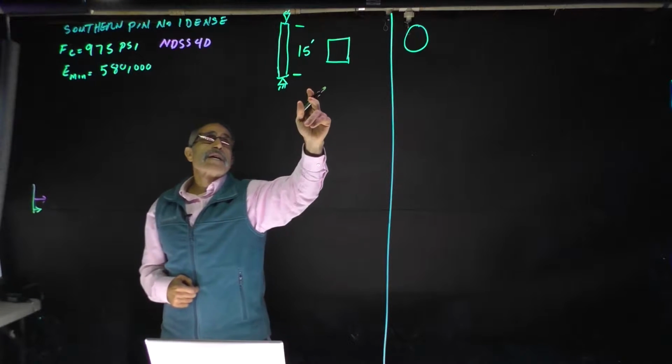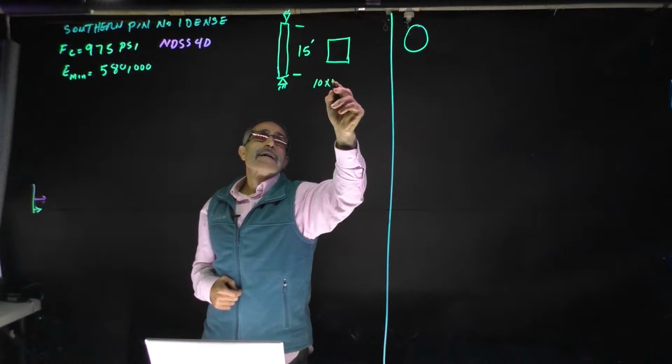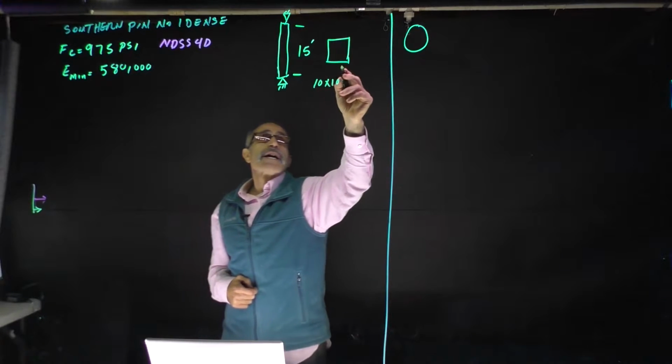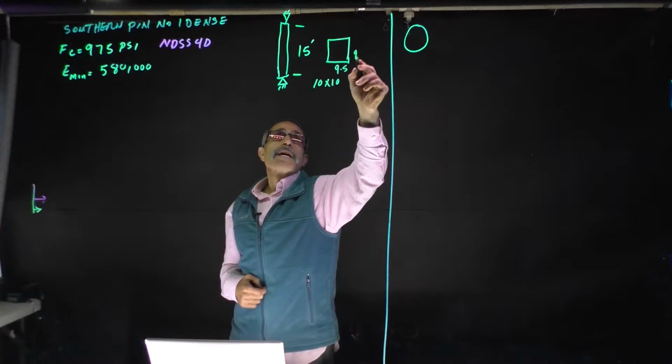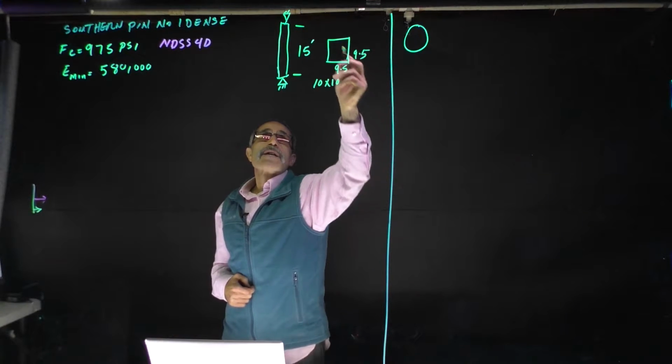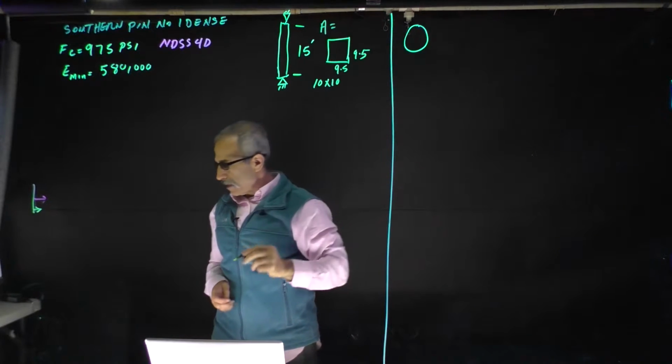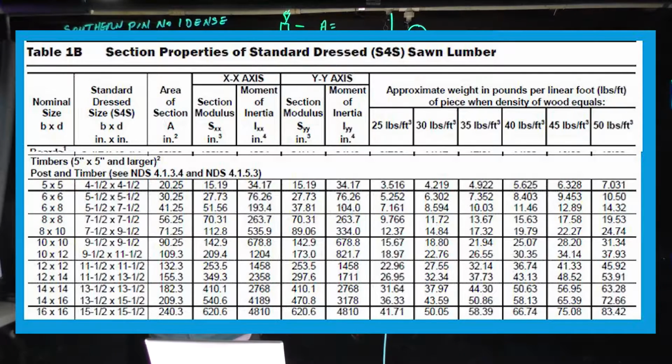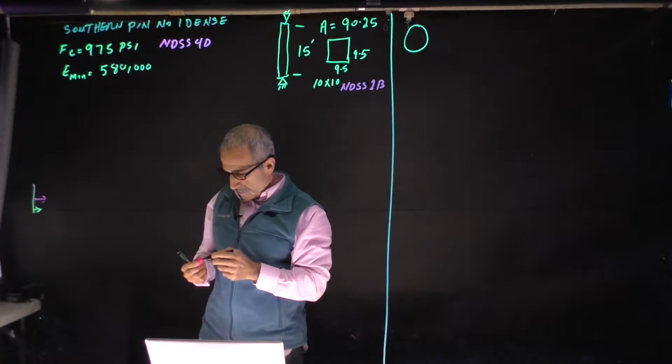If we select 10 by 10, which becomes 9.5 by 9.5 actual size, my area from table 1B is going to be 90.25 square inches. Let me write that down. This is NDS supplement 1B. That's where you find that.